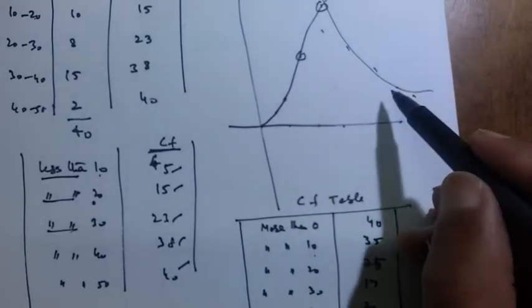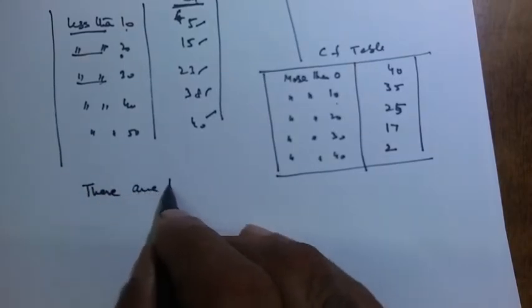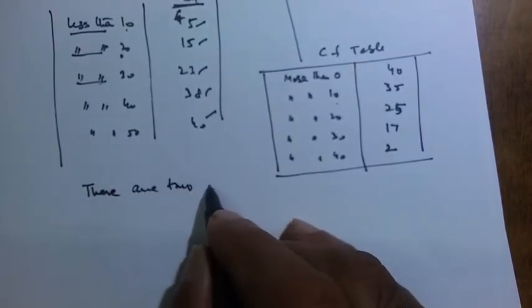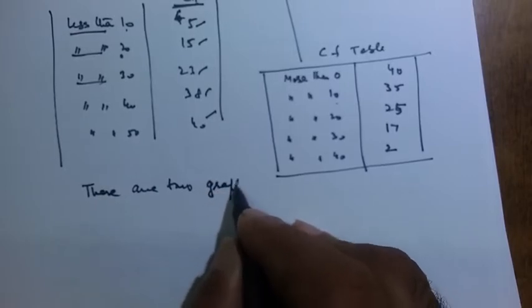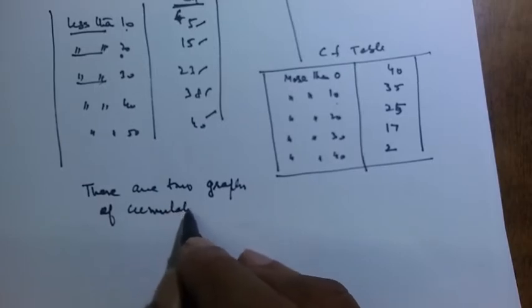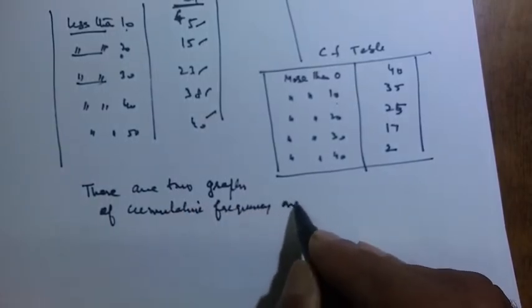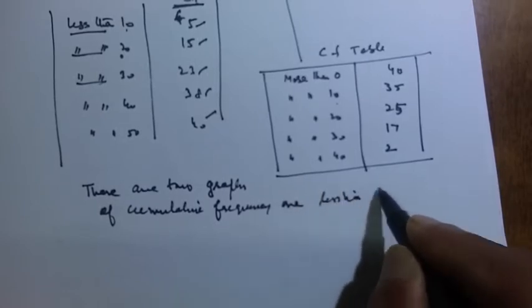There are two ogives, two graphs of cumulative frequency.